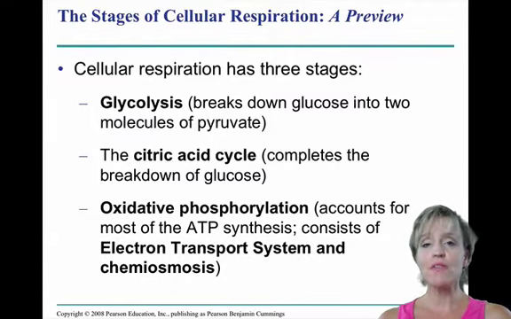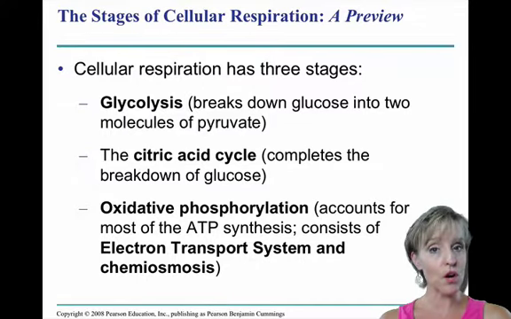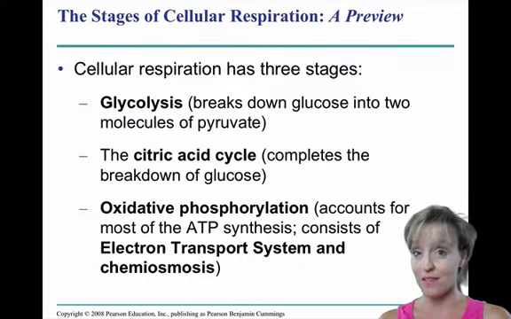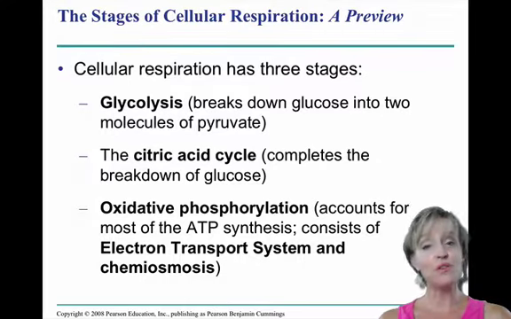Then we have the citric acid cycle, also sometimes called the Krebs cycle. The two pyruvates from glycolysis will move into the mitochondria where the citric acid cycle continues to oxidize glucose, reducing NAD pluses to NADH, where they will go to the final stage, oxidative phosphorylation.